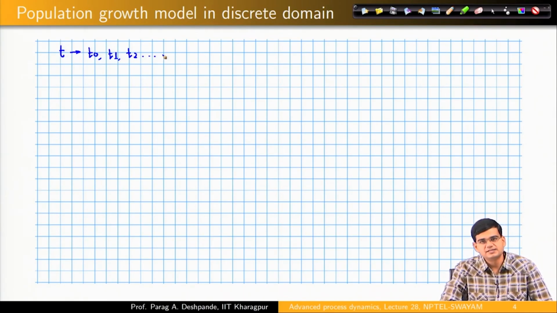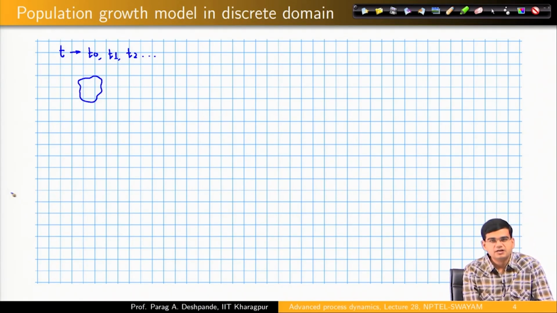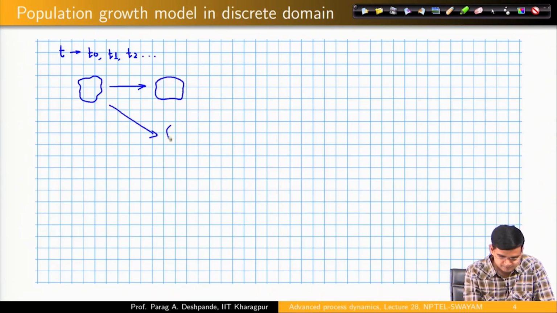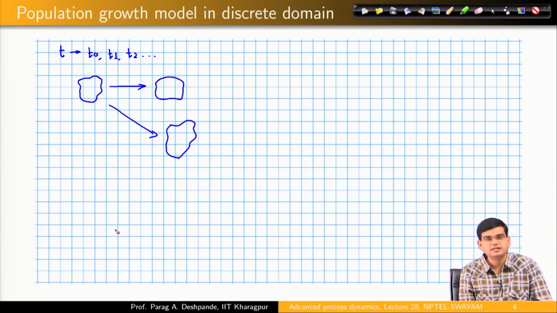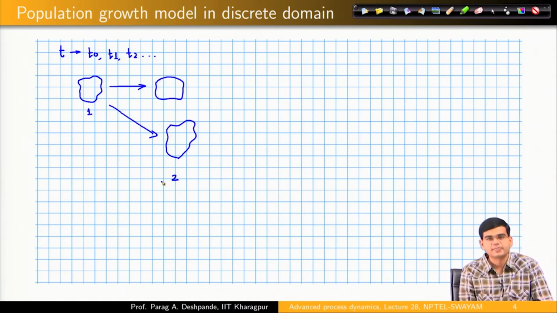These are discrete quantities. Further, what I see is that when I had one bacterium, from one bacterium I got 2 bacteria.